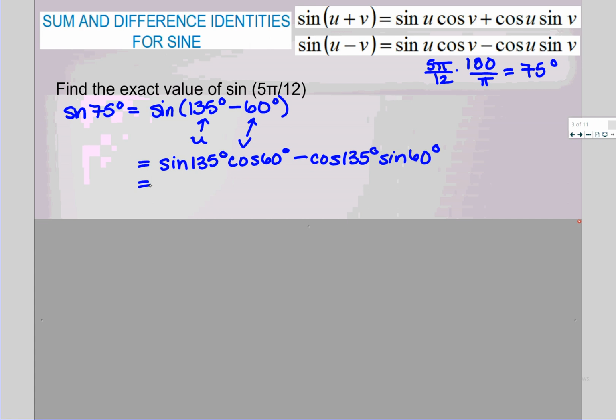That's our 45-degree reference angle, right? 135 is in quadrant 2. What's that point, that y coordinate? Rad 2 over 2. Cosine of 60. X coordinate at 60 degrees.